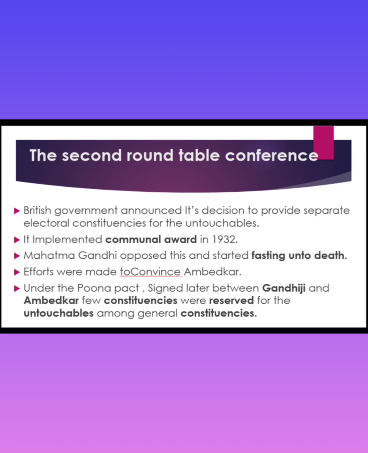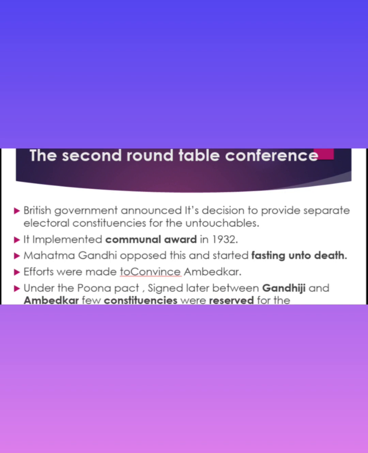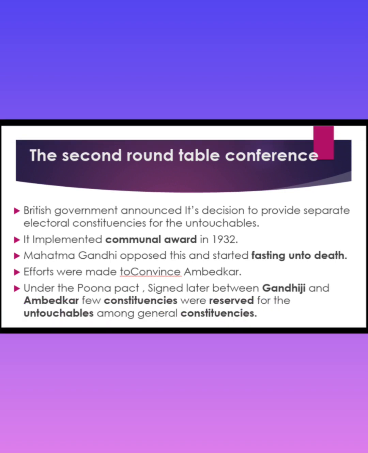According to the Poona Pact, a few constituencies were reserved for untouchables among general constituencies, so that the untouchables became representatives of all.